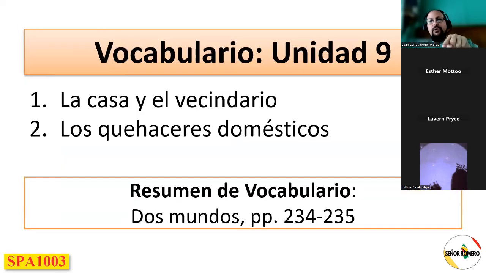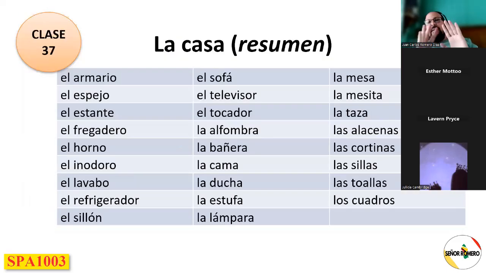Pages 234 and 235. In those 2 pages, this is a vocabulary corresponding to Unit 9 in your textbook Dos Mundos. You will see the words in Spanish and the meaning of those words in English. So write down please, pages 234 and 235. That was the vocabulary related to la casa.